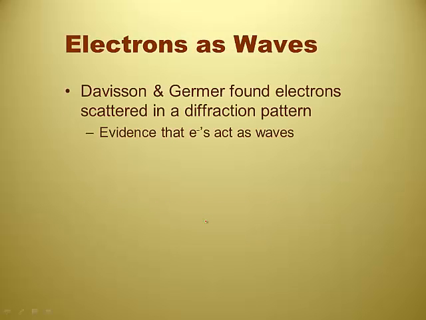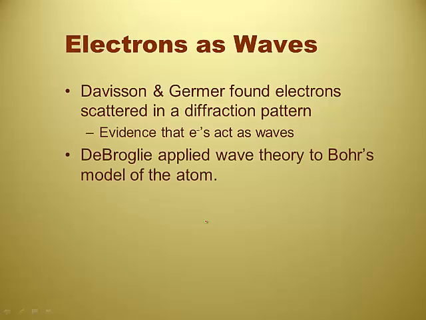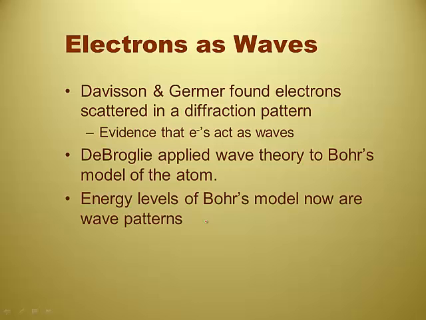And they continued on that and found that electrons scattered in a diffraction pattern, which means that they are actually waves. They behave as waves, just like light does. De Broglie applied wave theory to Bohr's model of the atom. So he applied some actual wave mathematics. The energy levels of Bohr's model now turn out to be wave patterns.